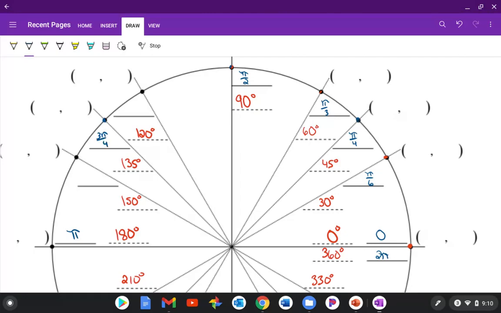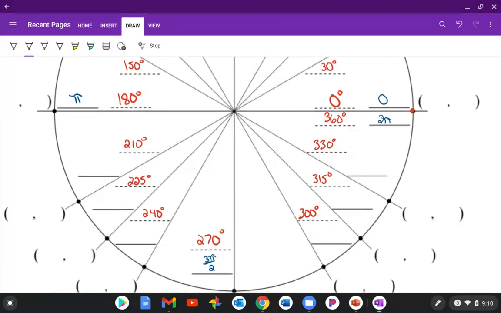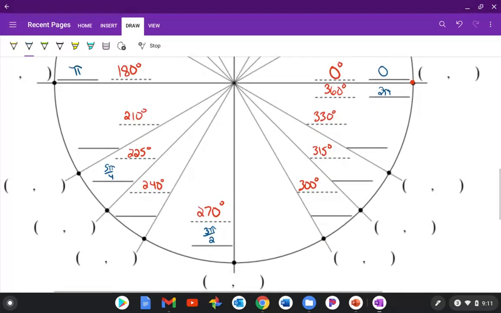And then we add another pi over 4, we get 4 pi over 4, which is pi. The next one will be 5 pi over 4. Another pi over 4, we get 6 pi over 4. That reduces to 3 pi over 2. So then it's 7 pi over 4, this middle, and then 8 pi over 4, which is equivalent to 2 pi.